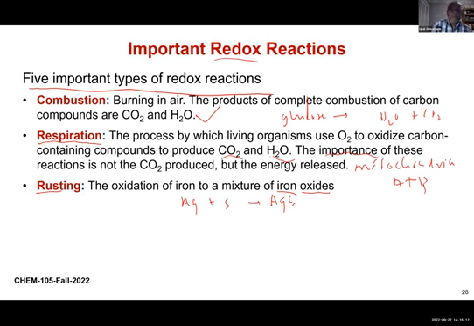For example, burning potassium to produce potassium oxide. This is a metal with oxygen, just like rust.